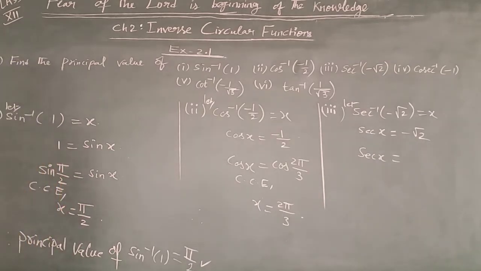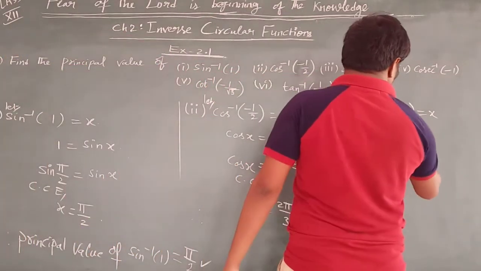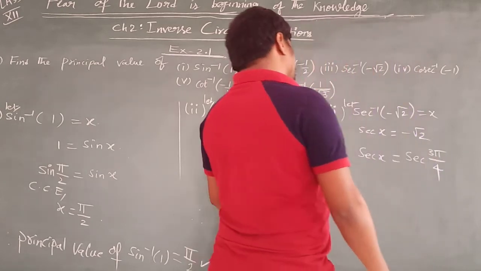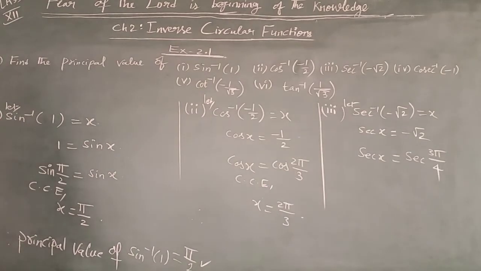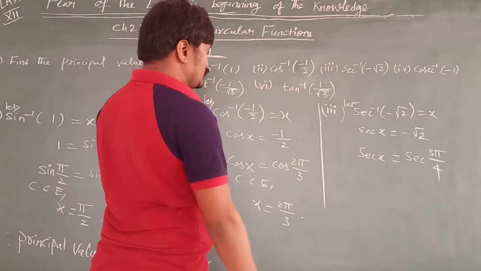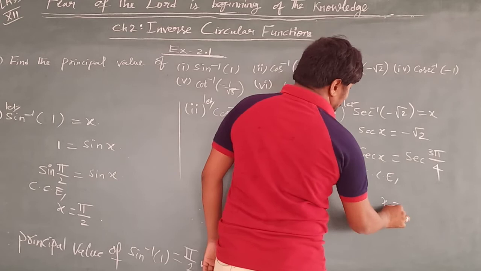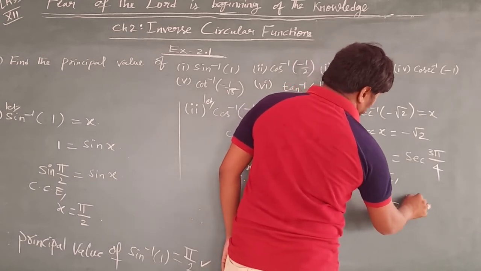Minus root 2 is nothing but sec 3 pi upon 4. Pi upon 4 means 45 degrees, and 45 into 3 is 135 degrees. Secant 135 degrees is nothing but minus root 2. Then comparing corresponding elements, x is equal to 3 pi upon 4.